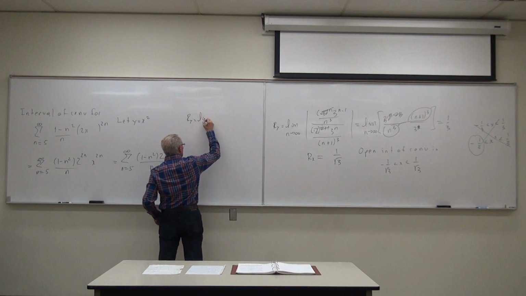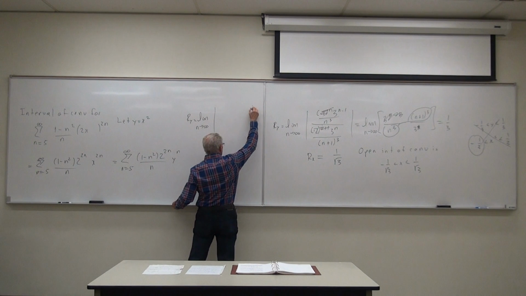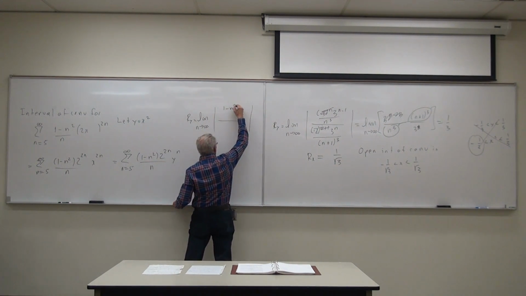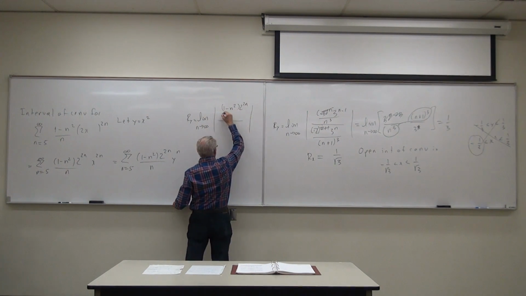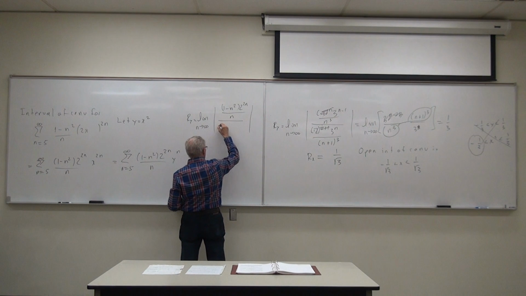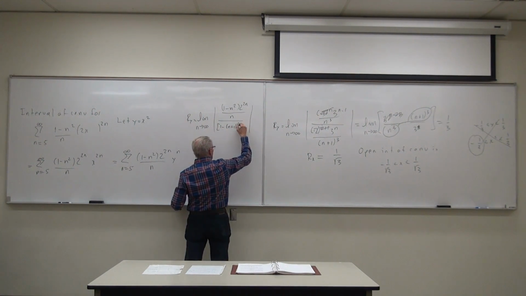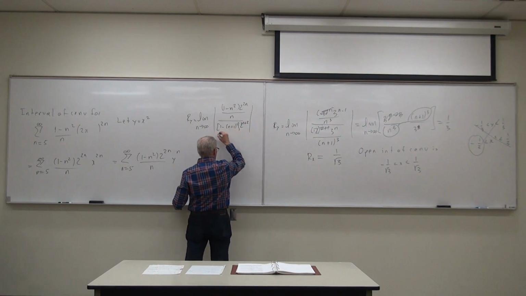The limit as n goes to infinity of the absolute value of that, (1 minus n squared) 2 to the 2n over n, y to the n, divided by (1 minus (n plus 1) squared) 2 to the 2n plus 2 over n plus 1.